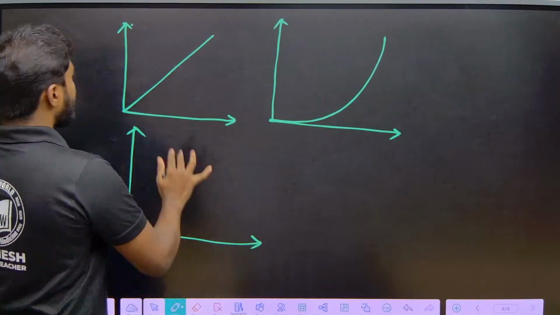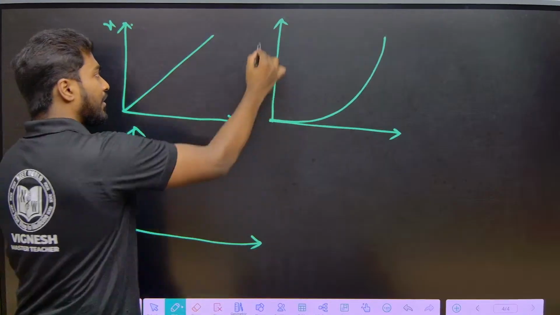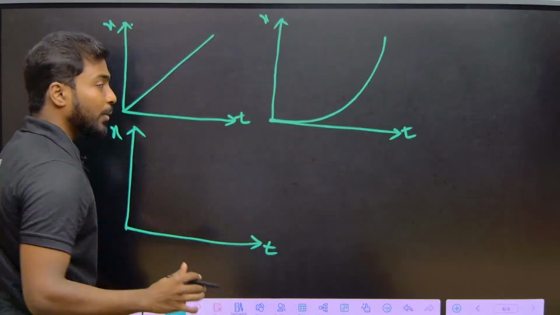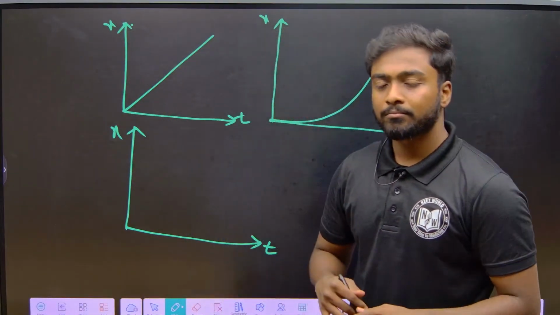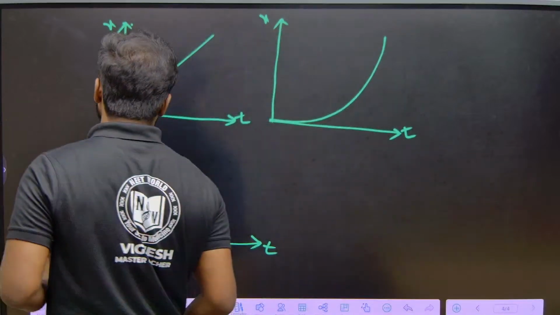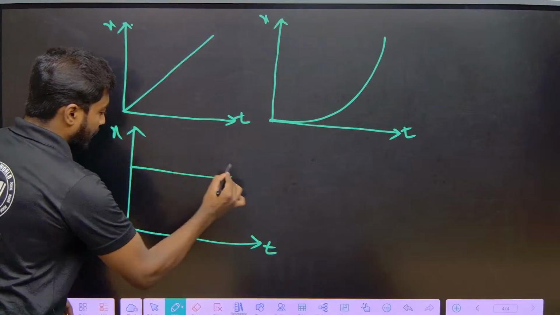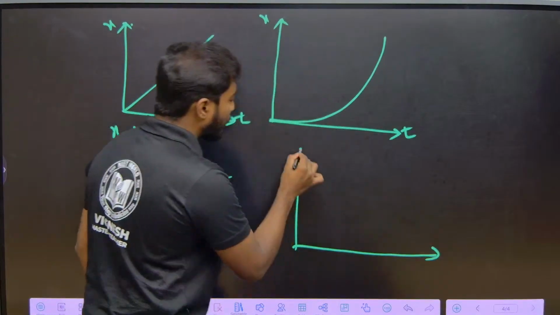Whatever we are talking about here, let me take x-t, here also x-t, x-t. First we will analyze whether the slope is positive, negative, zero, or a constant thing. Now in this case, I will take a line like this. The fourth case; totally I will take 4 cases and we will analyze them.